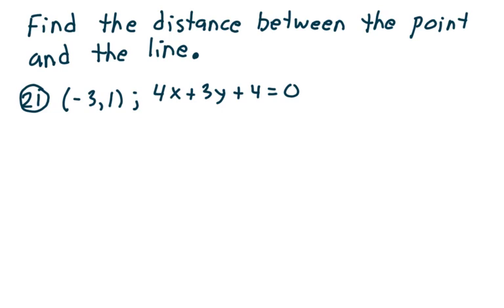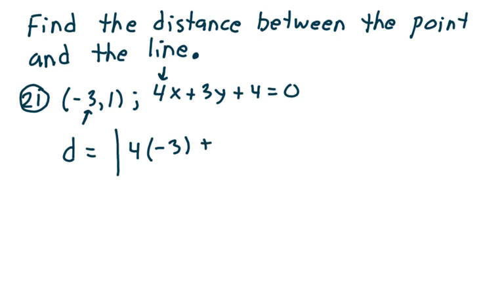Now, the distance, I'm going to call D, is, I'm going to take the absolute value of my A, the coefficient of x. So I'm going to take 4 times the first coordinate of the point, so 4 times negative 3.